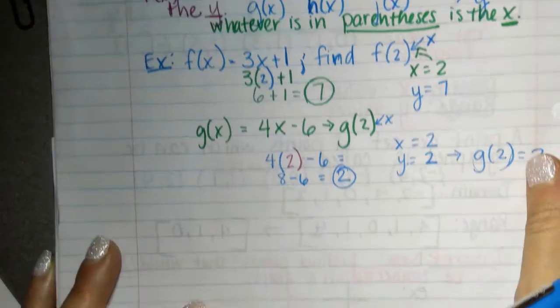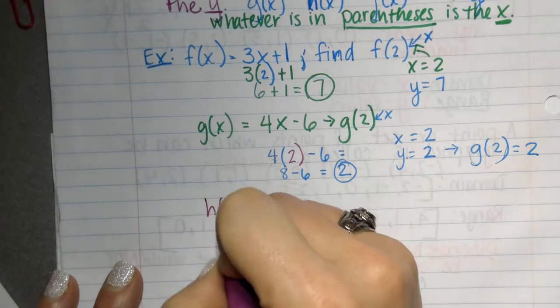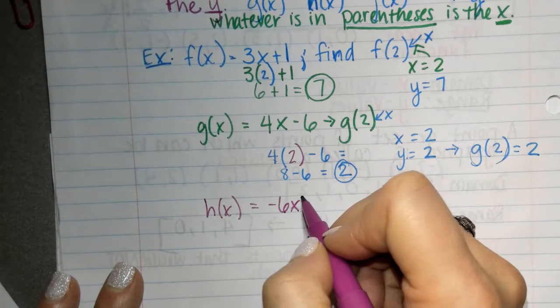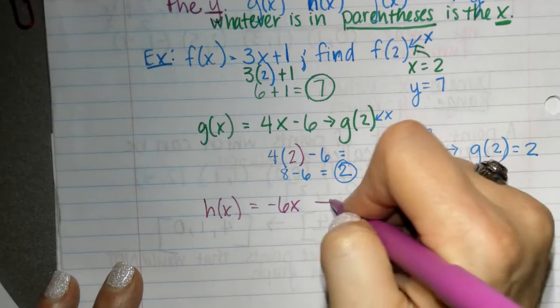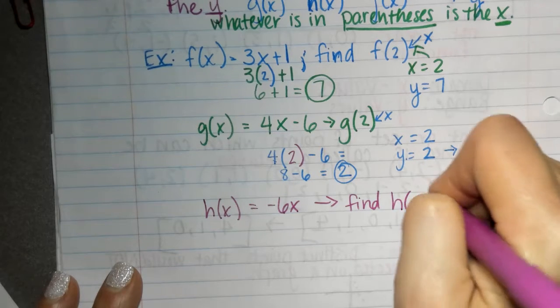Let's do one more example. H of x equals negative 6x. And we need to find h of negative 4.